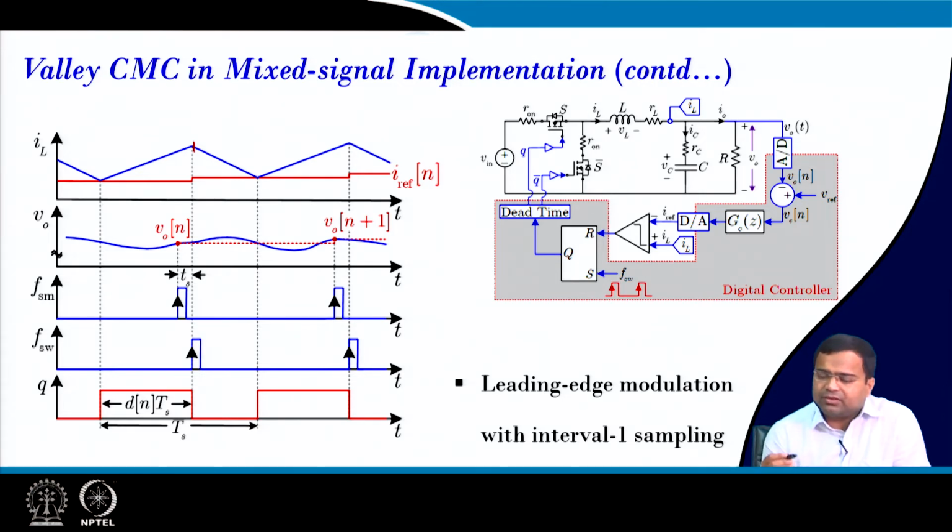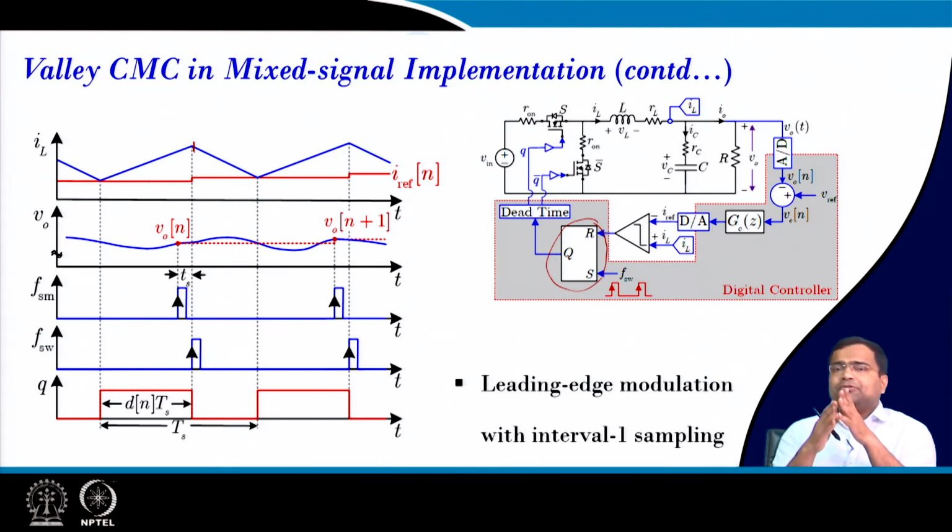We have also discussed that if you remove this RS latch and represent it using a configurable digital algorithm, then the same hardware can be used for peak as well as valley current mode control, because if you want to go for wide duty ratio operation, maybe one can go from peak to valley, but for that purpose we need to sense the full current.